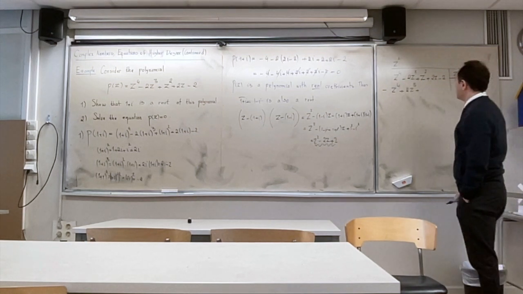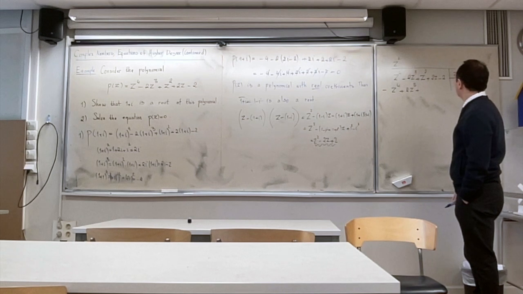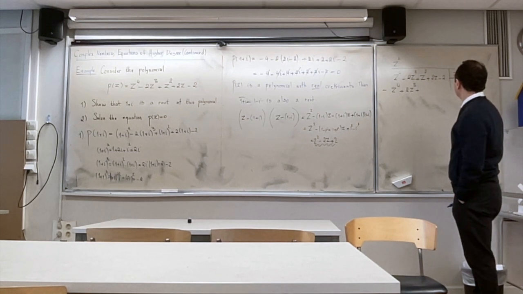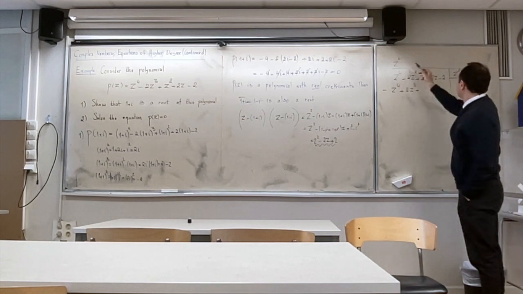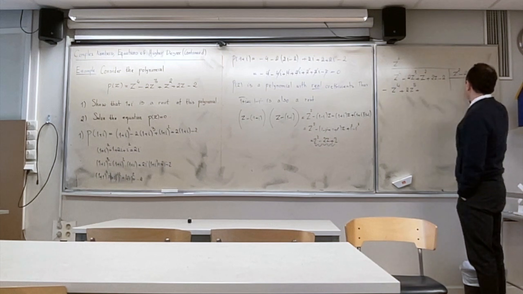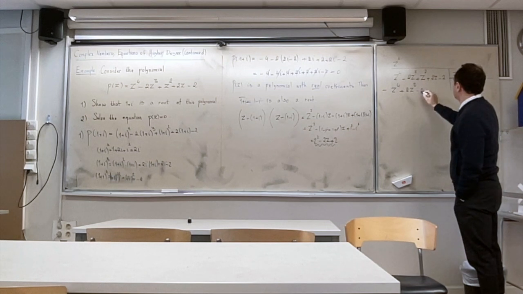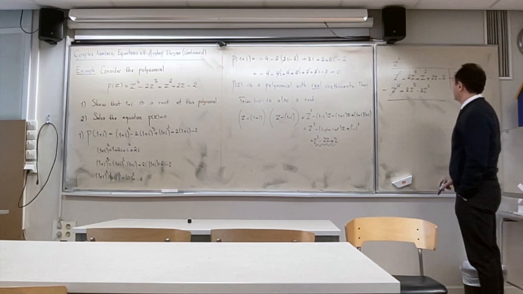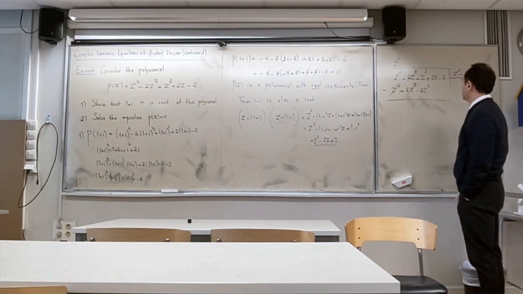Okay? So now minus z to the power of 4, I make it positive. This is plus, I make it negative. And then this one and that one are gone. Here this one and that one are also gone.